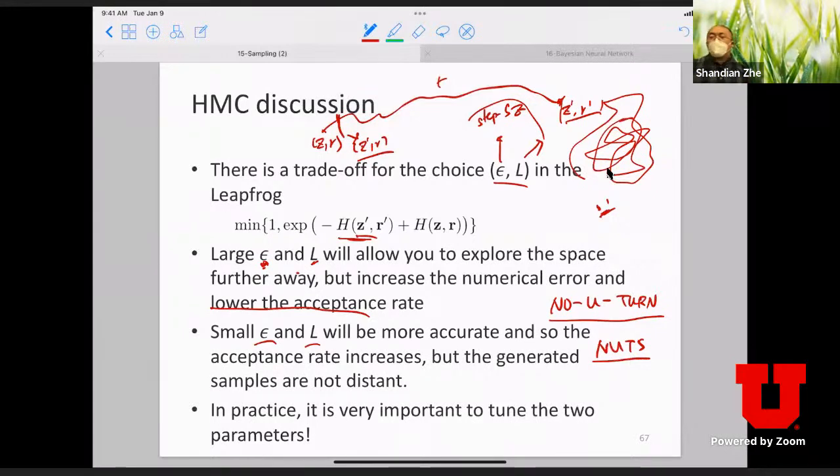It brings a smart strategy to automatically, or dynamically, tune epsilon and L, so you don't need to worry about how to set them up. If you're interested, there are a lot of open source implementations of NUTS sampling. It's kind of standard in many probabilistic sampling strategies. Even PyTorch and TensorFlow have their own implementations of NUTS. But of course, if you really want to tune epsilon and L by yourself, you can.